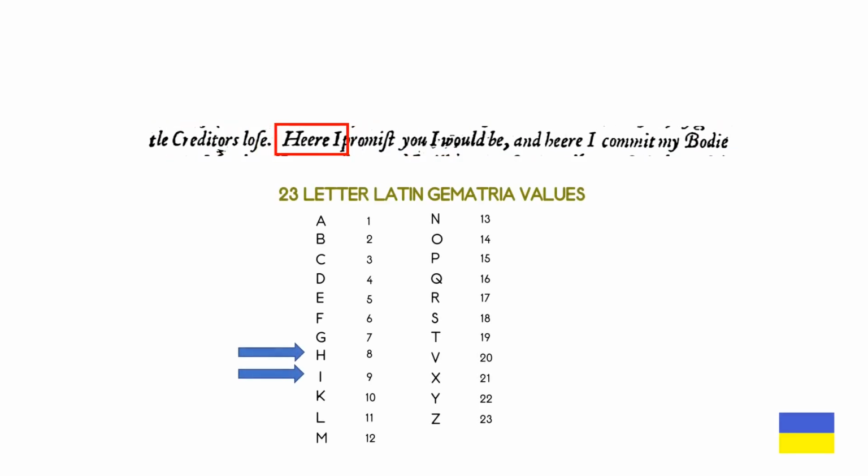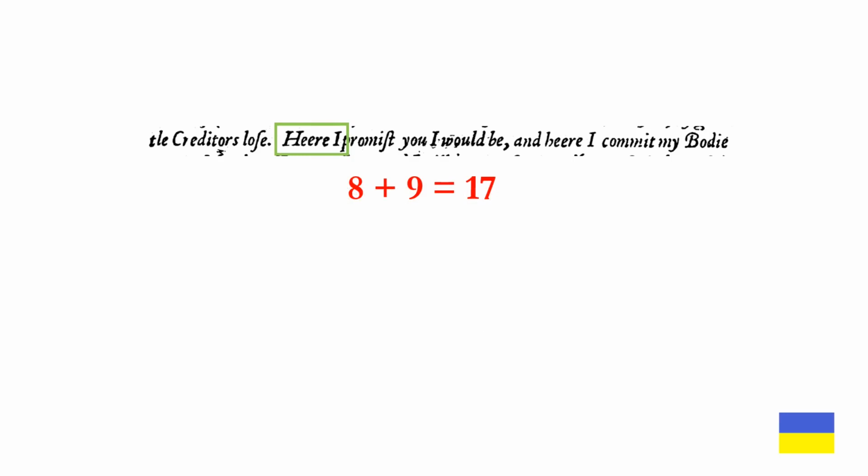Notice that he's talking about himself in the first person, and the line number is a doubled number, suggesting a doubling of something. In this case, I believe it's a doubling of the writer's identity. The simple gematria sum of the H and I in "here I" gives us 8 plus 9 equals 17.